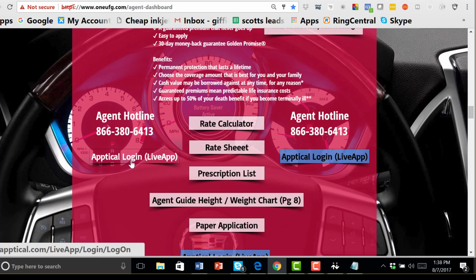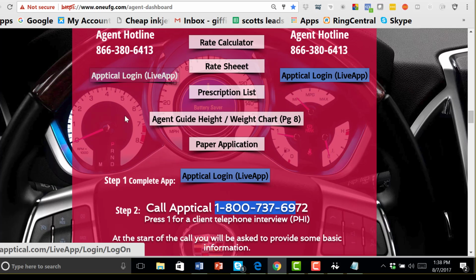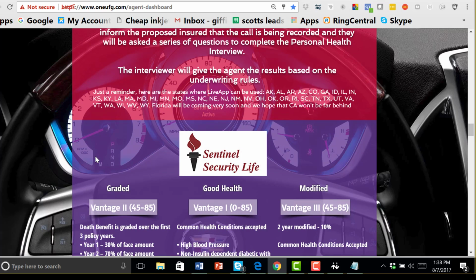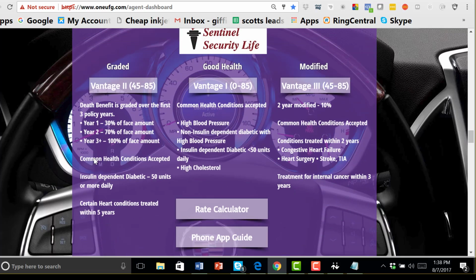Once you're done with it, it gives you an ID or a number at the end, and then you give that number when you call in to Aptical. When you call them, you'll give them the number that you input for the application. So it's really simple. Okay? And that's going to be the same with Foresters as well.